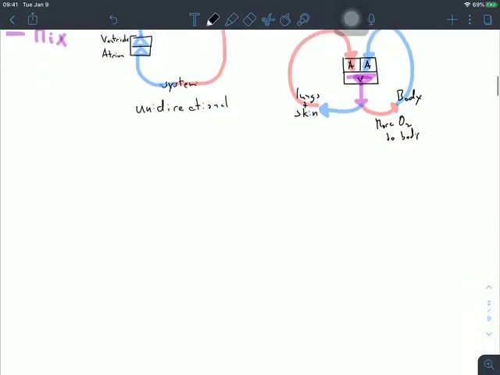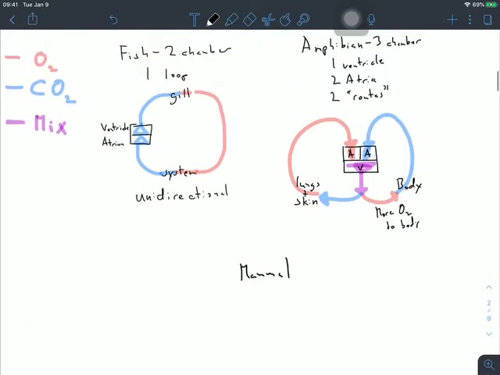So now we'll draw our mammal circulatory system. Again, an update in how many chambers there are. 4 chambers. 2 atria. 2 ventricles. 2 full distinct loops.